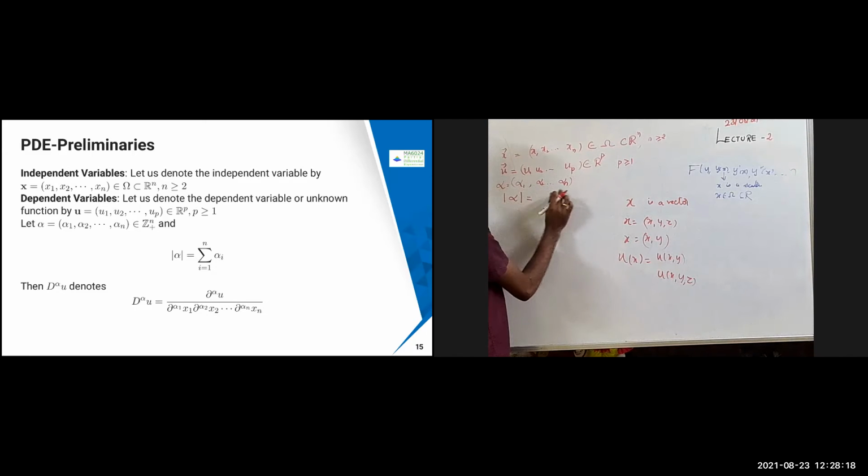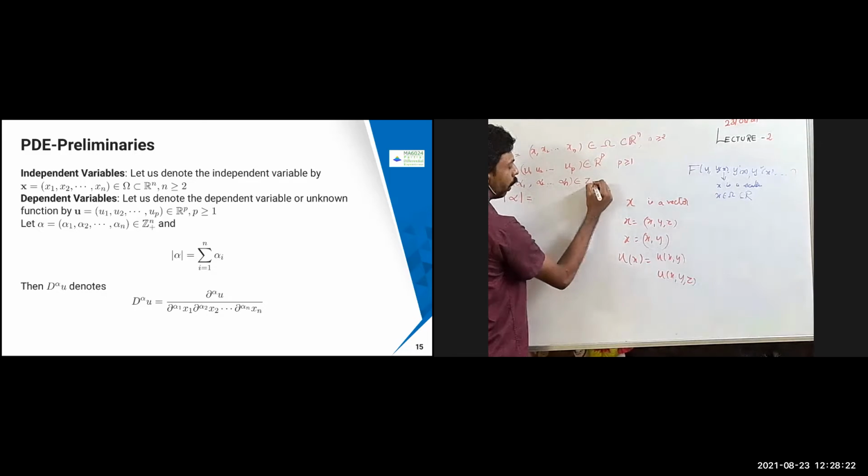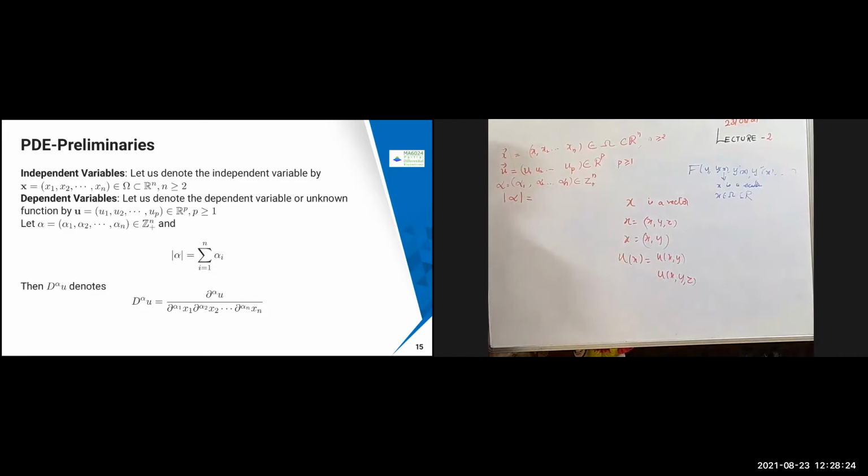These are all indices, integers in Z plus, all positive non-zero integers. Now mod alpha, which I'm defining as the summation of i equal to 1 to n of alpha i. This is nothing but the index I'm going to define.